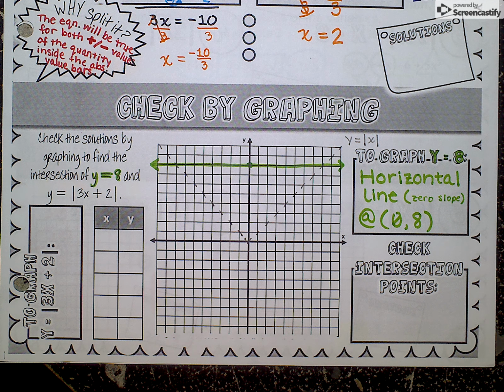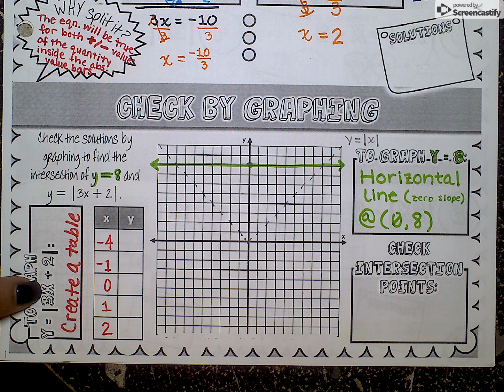With that in mind, let's go ahead and begin graphing the absolute value of 3x plus 2. By creating the table, I'd like to use the following values: -4, -1, 0, 1, and 2. And I'd actually like to begin with the easiest one, 0. We'll be taking these inputs and replacing them here for x and getting our y value.